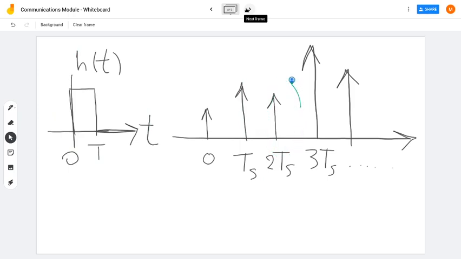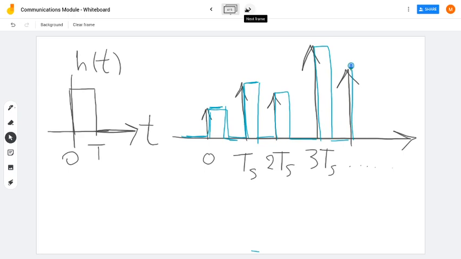So let's try to do this and see how it goes. We will shift h of t at 0 like this, and the amplitude will be equal to the sample value. And then we will shift it at Ts and the amplitude equal to the sample value. Shift it at 2Ts, then shift it at 3Ts. As you can see, shifting the pulse h of t we have here, we give it the amplitude of the sample at the same instant. And so we can write the equation as follows.